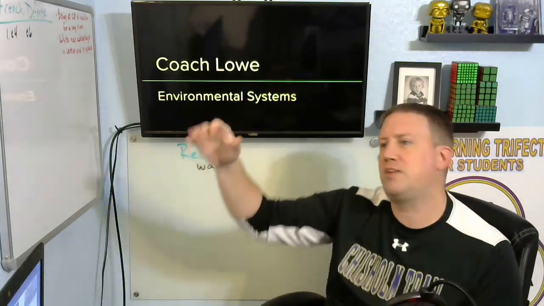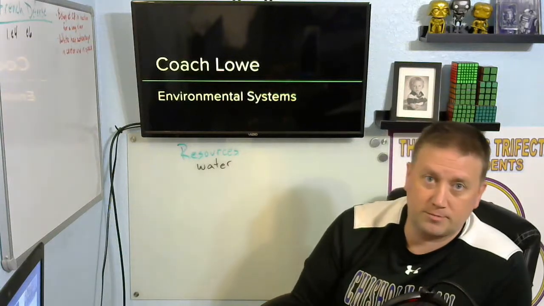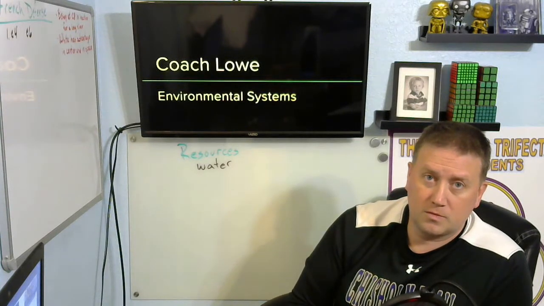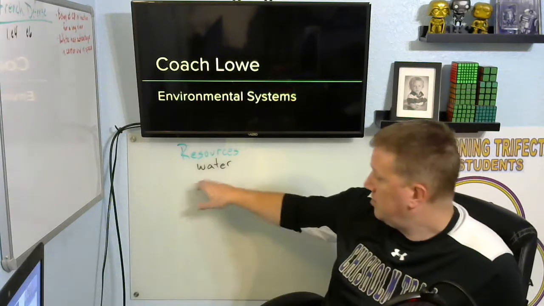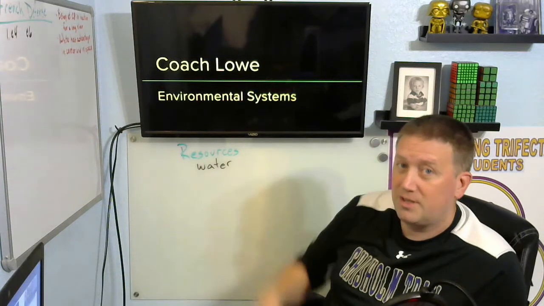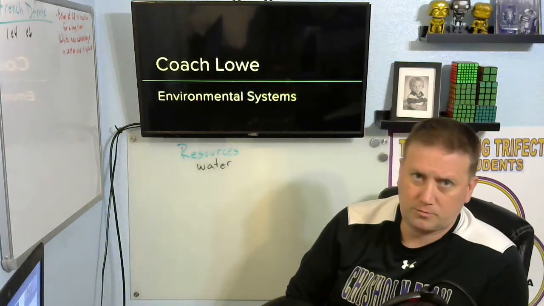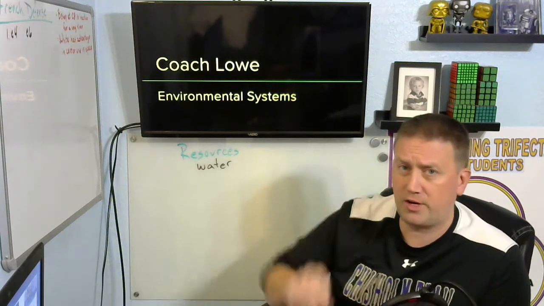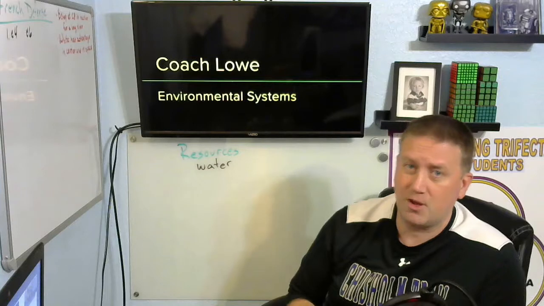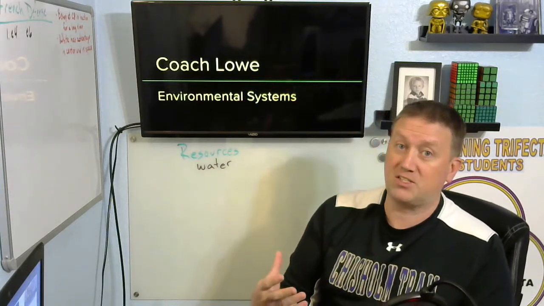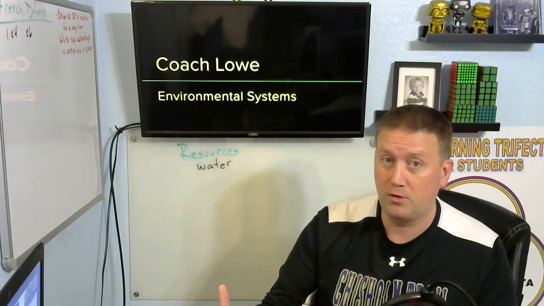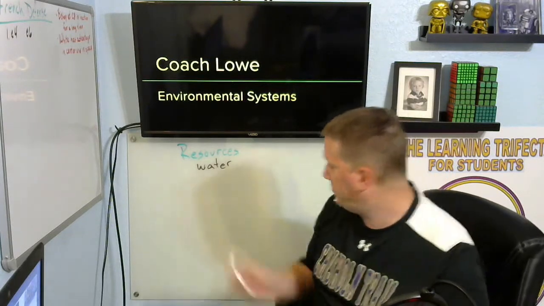You can't drink the water from the atmosphere. So the amount of water as a resource is limited. Now, there are two types of resources. When we look at a resource, we'll look at it as either renewable or non-renewable.